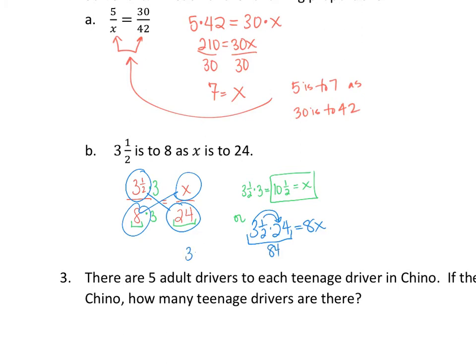So without a calculator, I was just getting that 84. So then we have 84 equals 8x, divide by the 8, and we get 10.5 is equal to x. Both ways are perfectly fine. I just think that first way was a little bit simpler.